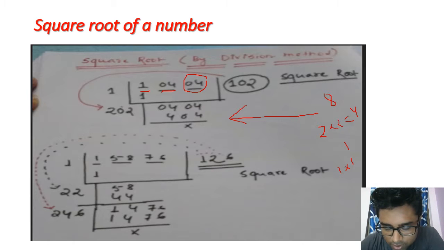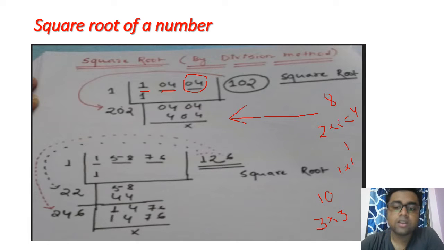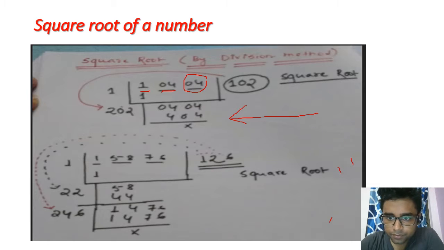If it is 10, in that case we will put 3, because 3 cross 3 is 9, which is nearer to 10. So here we put 1. 1 cross 1 is 1, so remaining is 0.